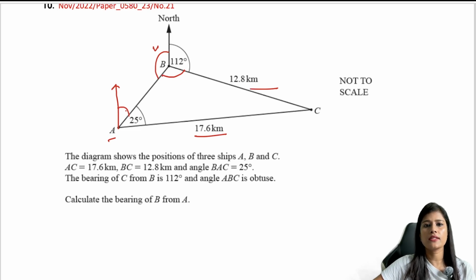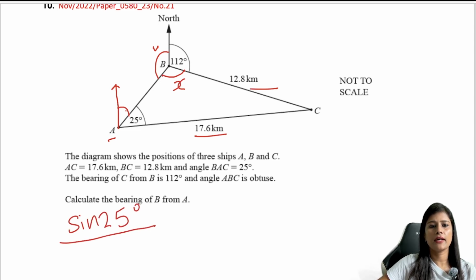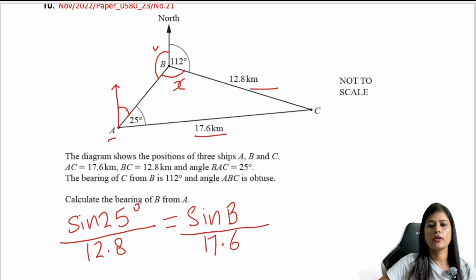So now in this triangle you have 25 degree, two sides, and I can write down this one x. So I can use the sine rule. I can write sine 25 degree divided by 12.8 and sine B divided by 17.6.